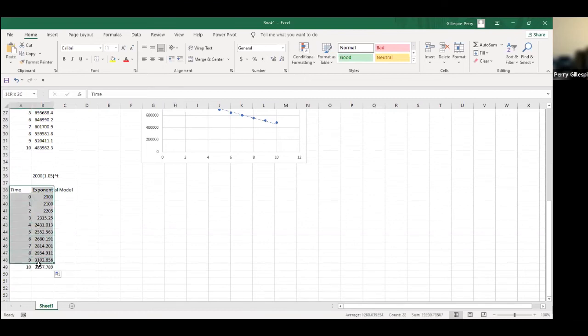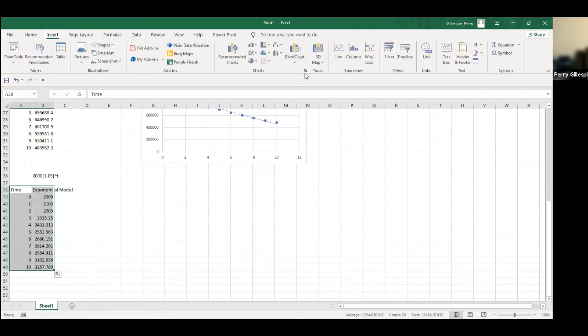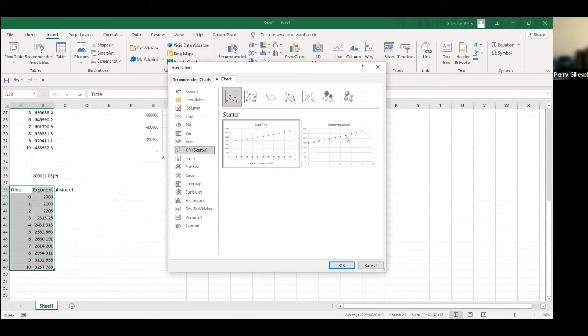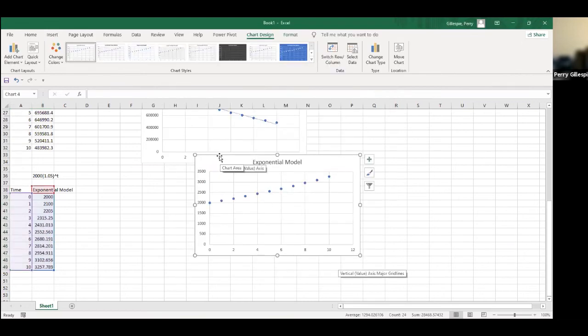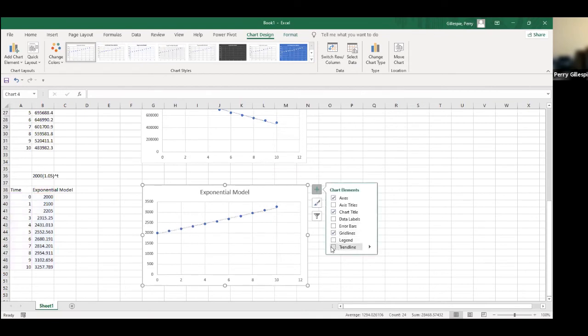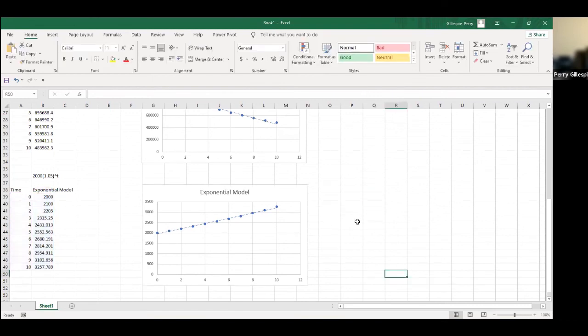And then the graph of this: insert, go to our scatter, and this is what your graph is. This is the graph that we will be utilizing. Then hit the plus sign for your trend line to help connect the dots. Any questions?